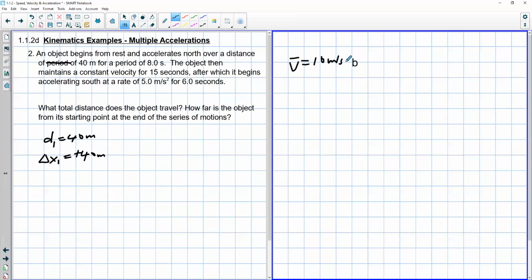Since it's a constant velocity, the initial, final, and average speeds are all the same. So initial speed 10, final speed 10, average speed 10, and it does this for a period of 15 seconds. So it's got a velocity of plus 10 meters per second for 15 seconds.